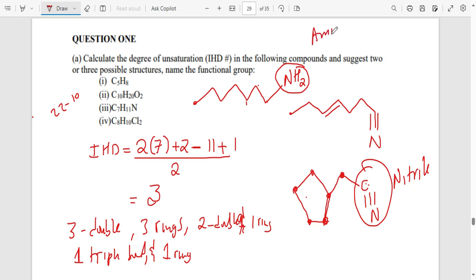Not amide, amine. But there is no double bond here, meaning that I've not catered for any IHD. So for me to cater for the 3 IHDs, I can either use three double bonds, or I can put one as a triple bond and the other as a double bond. That is the three IHDs. That is how you do it. So there are a lot of possible structures that I can write here. A lot.